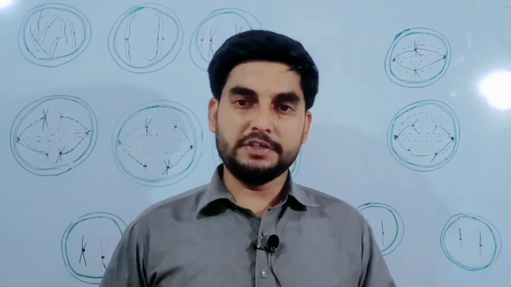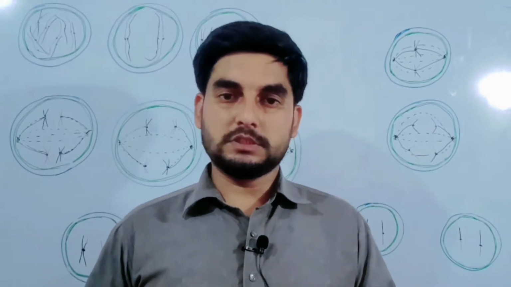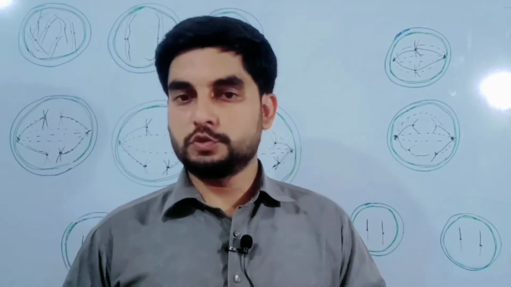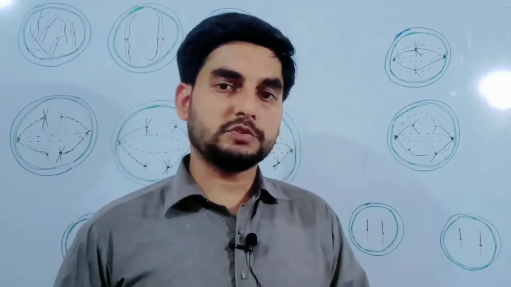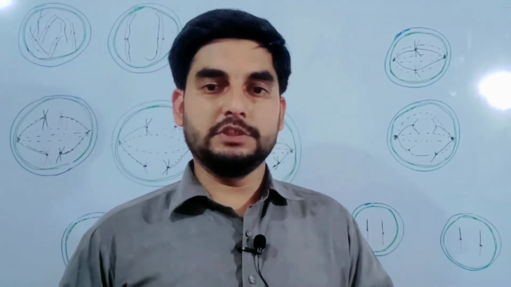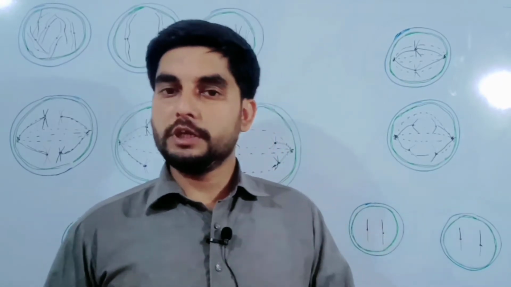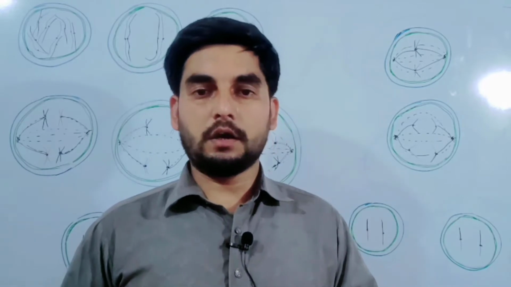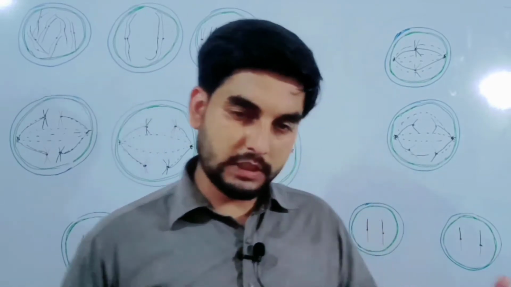Meiosis is divided into two phases. One is meiosis 1 and the second is meiosis 2. Meiosis 1 is actually a true reduction division because during meiosis 1 the number of chromosomes is halved. So let's see.